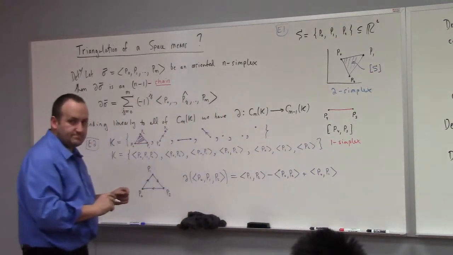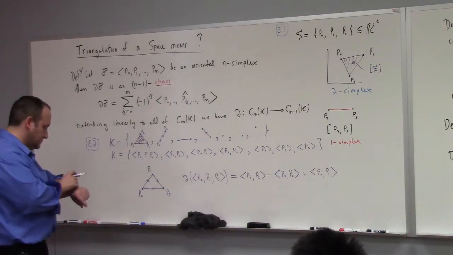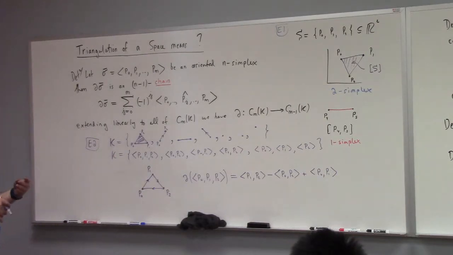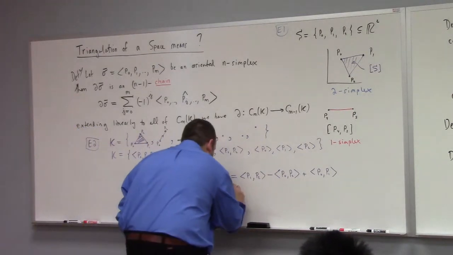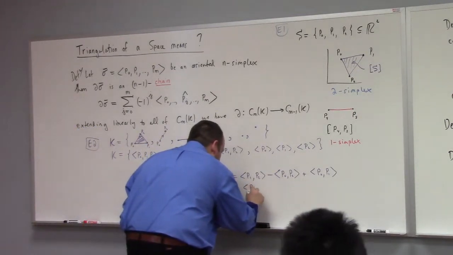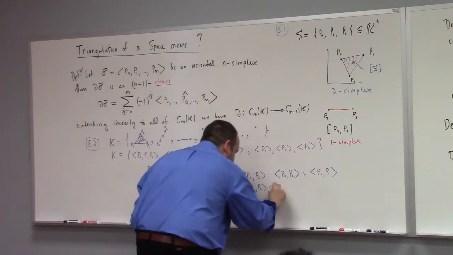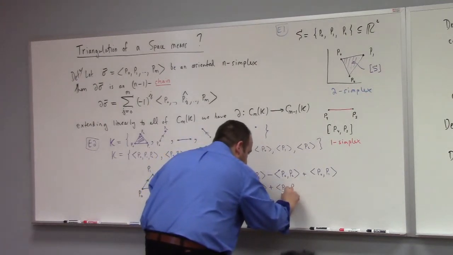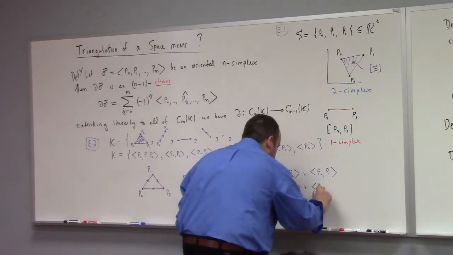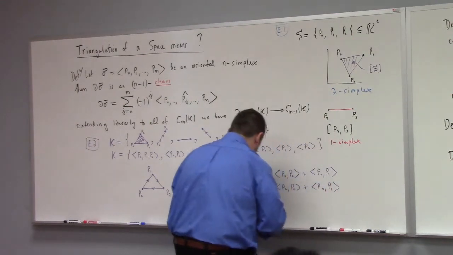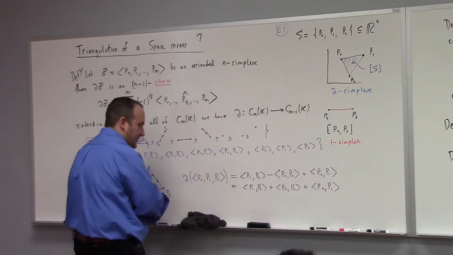And then flippity floppity, right? So this is P1, P2 plus P2, P0 plus P0, P1. Let me engage in some color coding here.